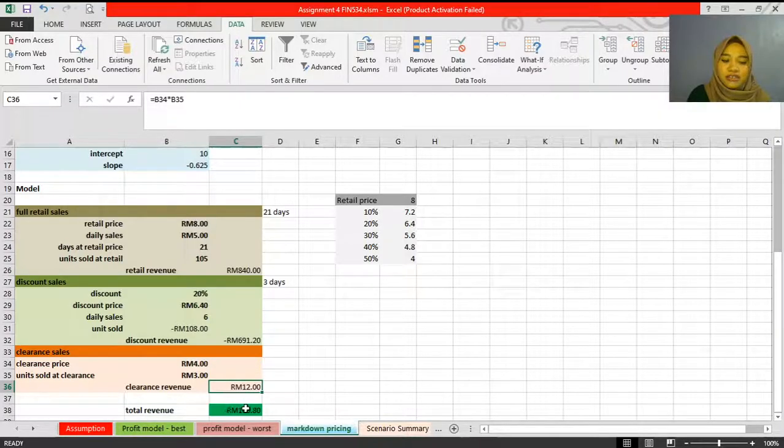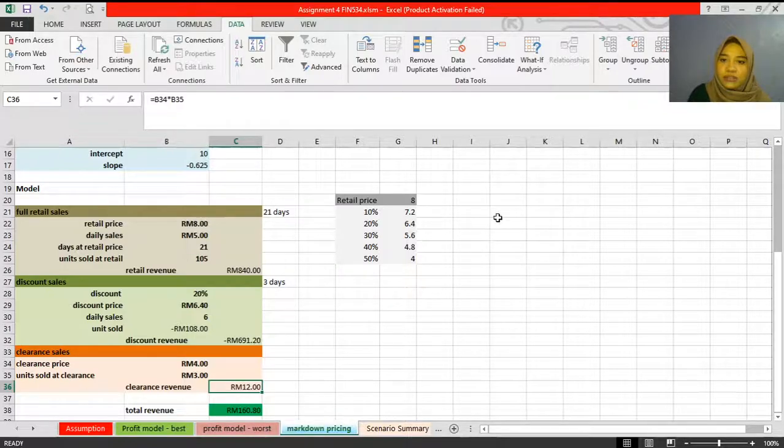So I got the total revenue of RM160.80. To get more revenue, I am changing my percentage from 10 to 50%, and the price will also change.